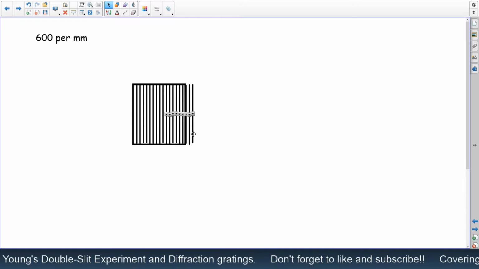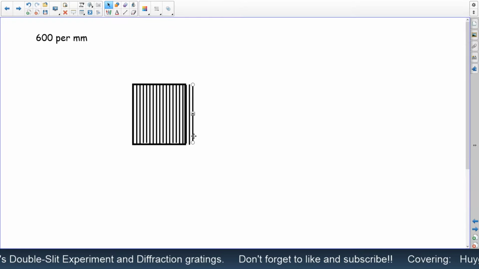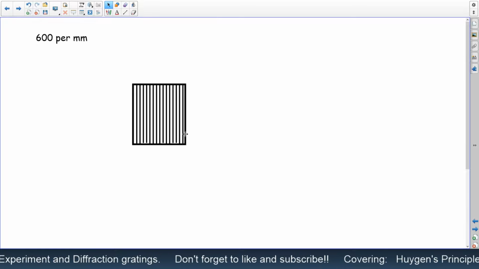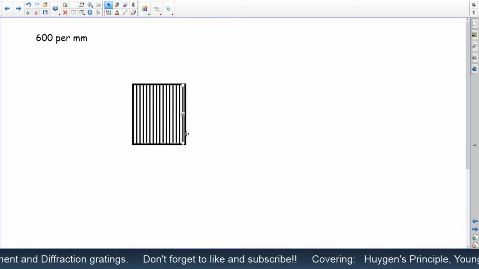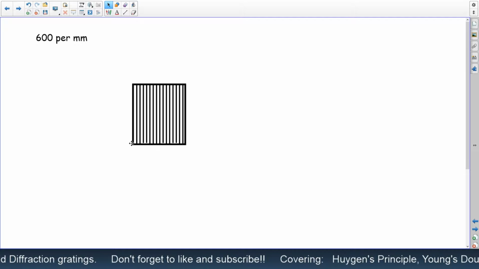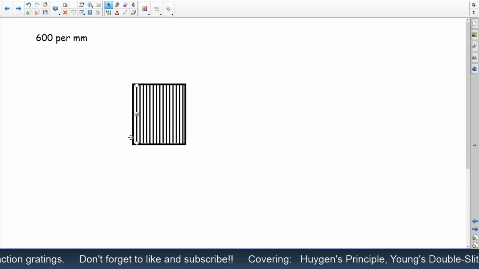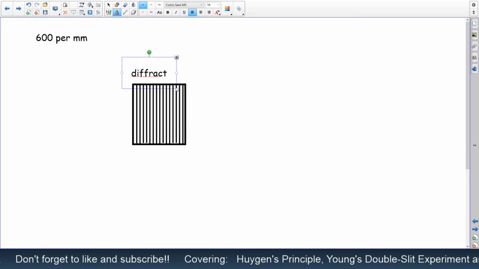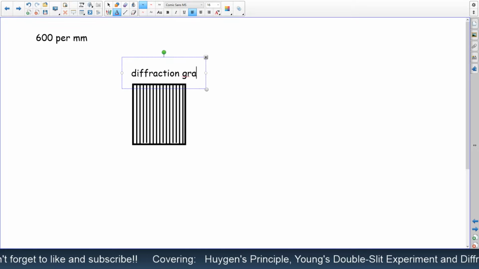If I had a setup like this, with hundreds and hundreds of little lines across a piece of material, I would call this material a diffraction grating.